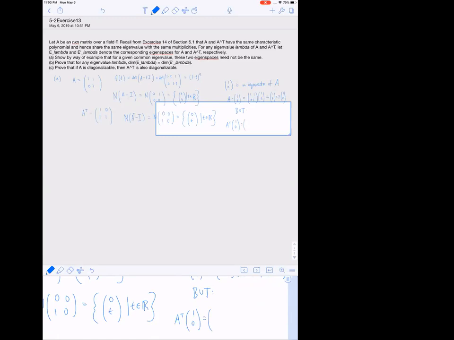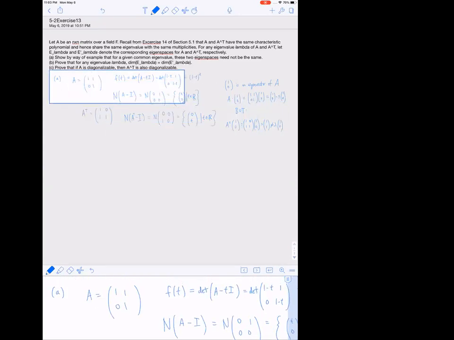Now that's going to be the matrix 1, 0, 1, 1 times this vector 1, 0. And 1 plus 0, that's 1, and 1 plus 0, that's also 1. So this is not equal to any lambda times 1, 0. Particularly, it's not equal to the eigenvalue 1 times 1, 0.